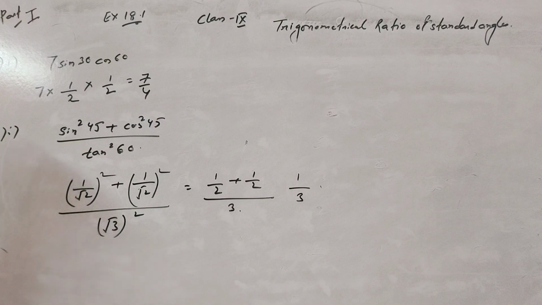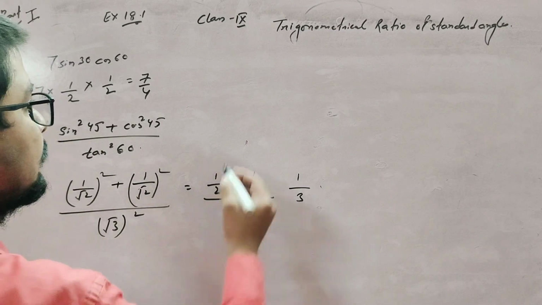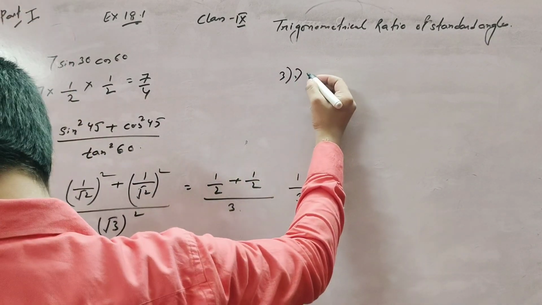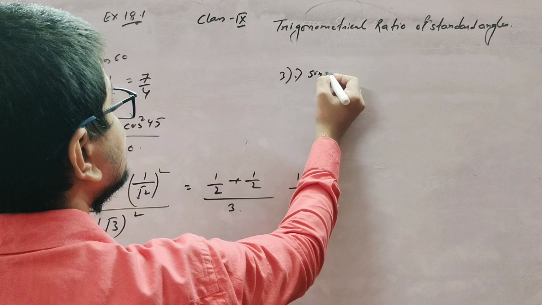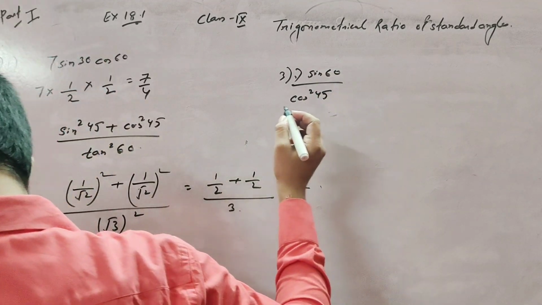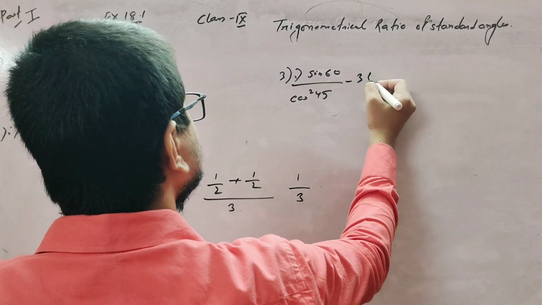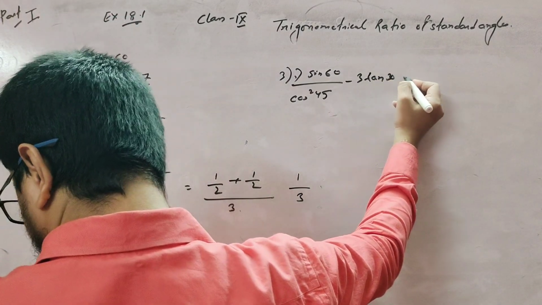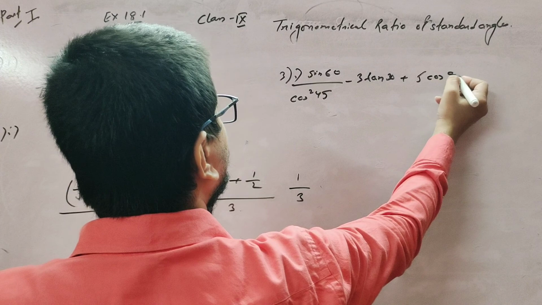Okay. Now question number 3.1. In question number 3.1, see, sine 60 by cos square 45 minus 3 tan 30 plus 5 cos 90.